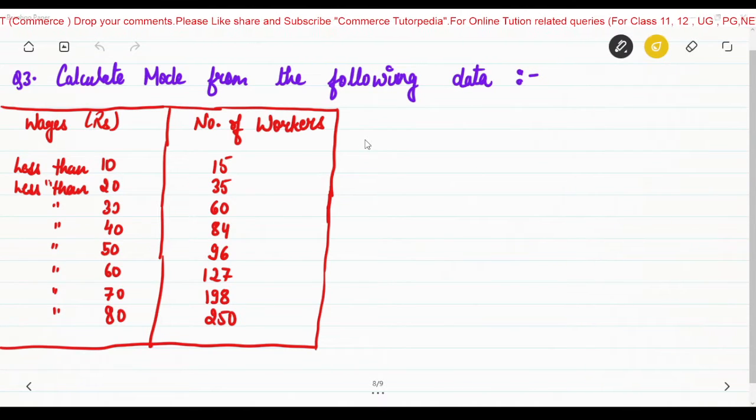We need to first write our data in tabular form. So what is less than 10? When you see the difference between each term in each frequency, you can see there's a difference of 10.